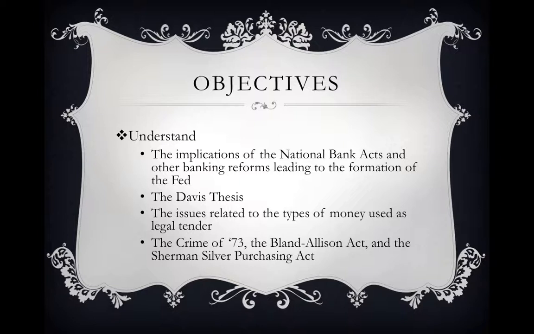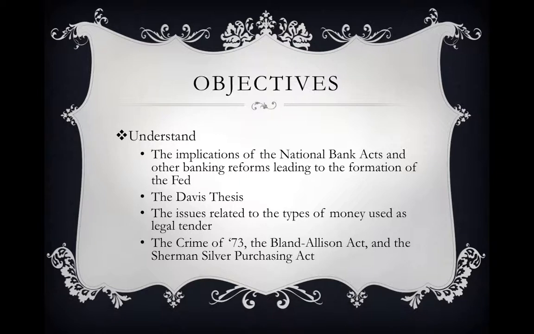And also some other banking reforms, particularly in the latter half of the 1800s, that led up to the formation of the Federal Reserve System. I also want you to be aware of something called the Davis Thesis. We're going to go over this in detail. I want you to make sure you understand what the Davis Thesis was and what it was trying to explain.